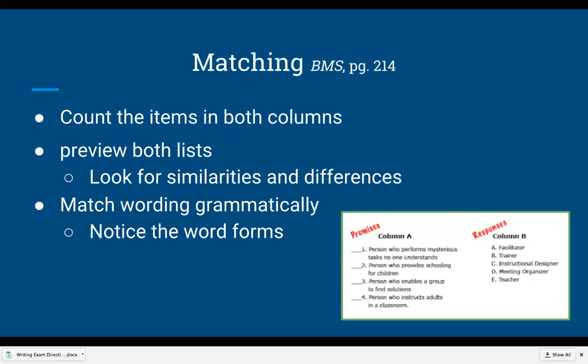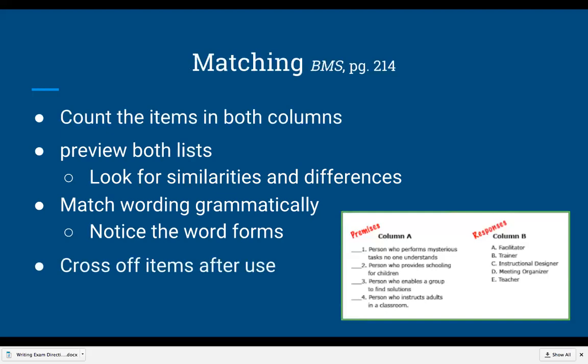And this is going to help you eliminate any of the others because you're not going to be given a grammatically incorrect question. And if you are, you may just get the point for it anyway. So be really, really careful when you're filling in the blanks on a matching kind of test because you want to make sure that the word form or that the grammar is correct.